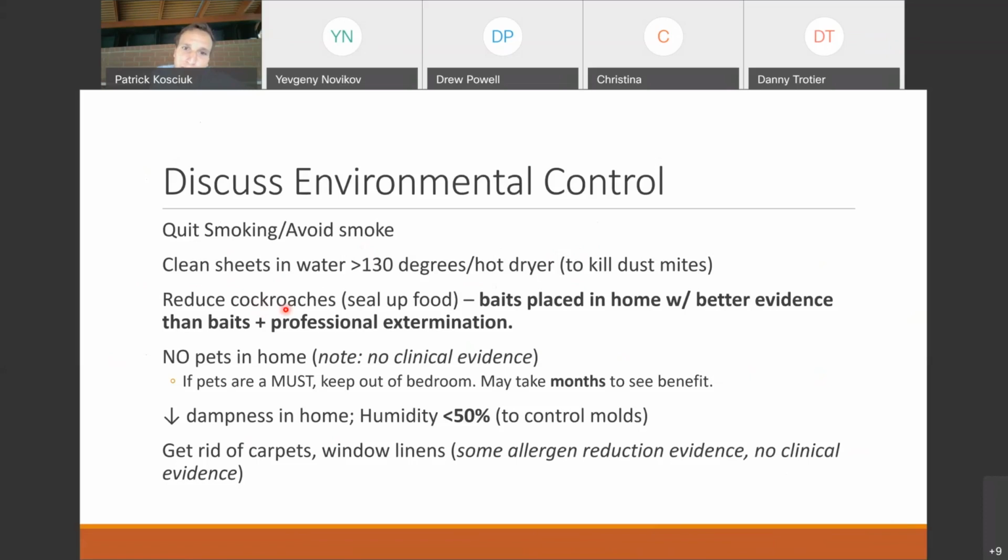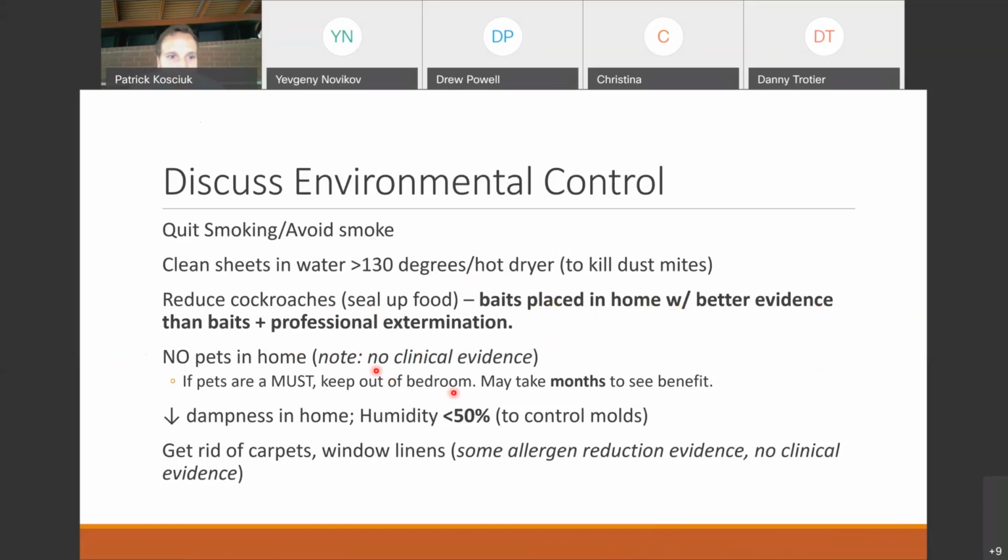Weirdly enough, reducing cockroaches. There is no difference in just placing cockroach baits in the home versus actually using professional exterminators. But don't let those Terminex know about this. But still, this is evidence-based, better evidence.